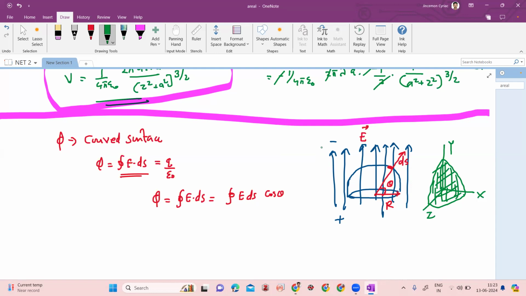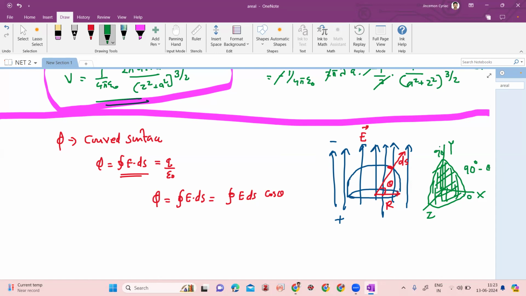And when it comes to this 180 degree or 2 pi, this height, this difference is 90 degree. So in spherical polar coordinates, we can take theta and phi. So theta is equal to maximum 0 to 90 degree here.